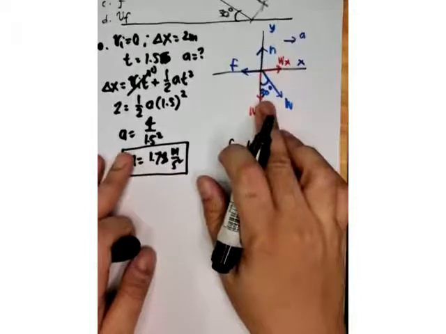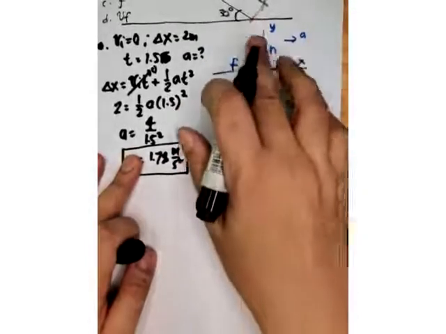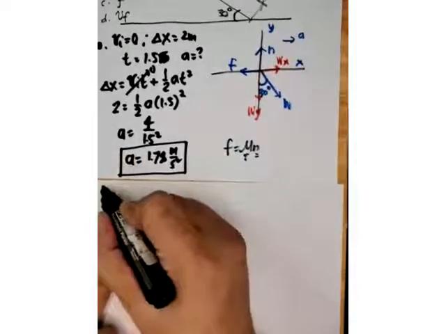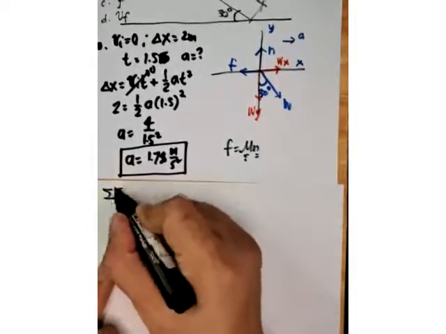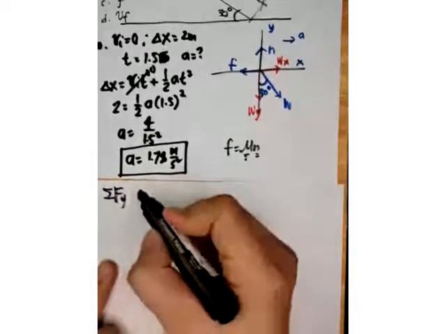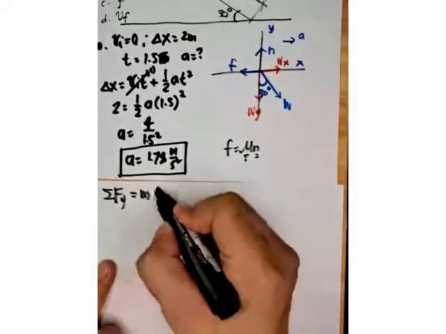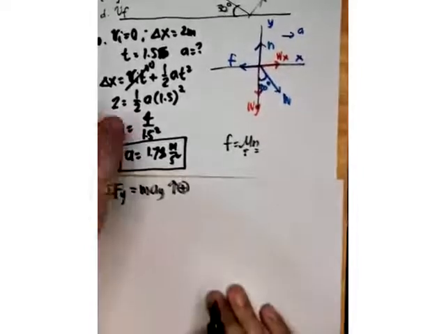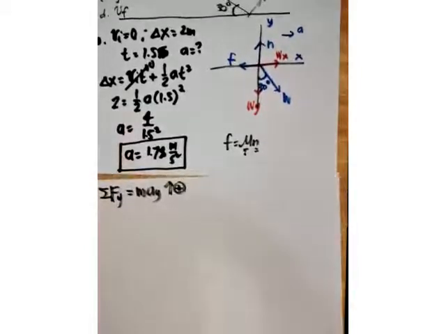The normal is on the vertical axis, so that means it's along Y. So we start applying the second law along Y. Summation of forces along Y is equal to may. Our assumption is that everything upward is positive. Class, let's go back to the FBD.